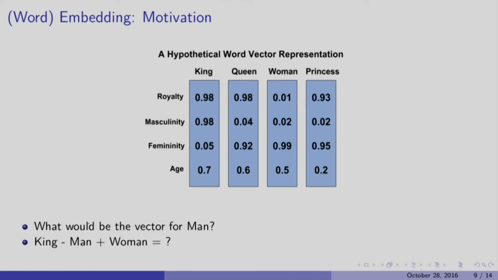Now is it possible that we can recover the representation for a queen based on this simple arithmetic operation, king minus man plus woman? Or if king is to man, then queen is to woman? Try these out.